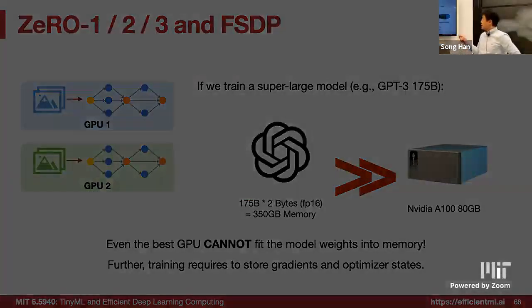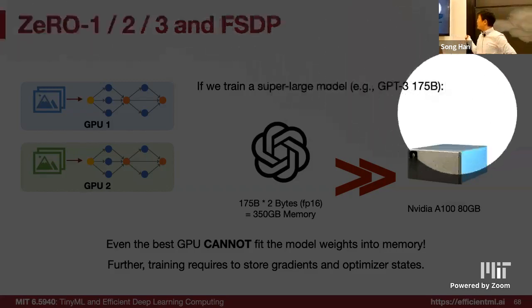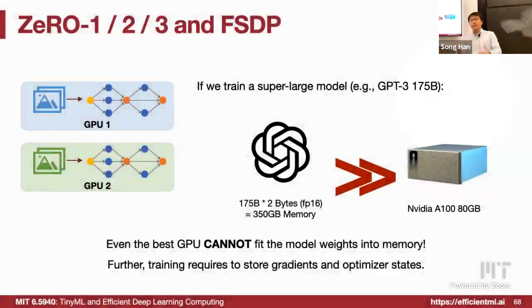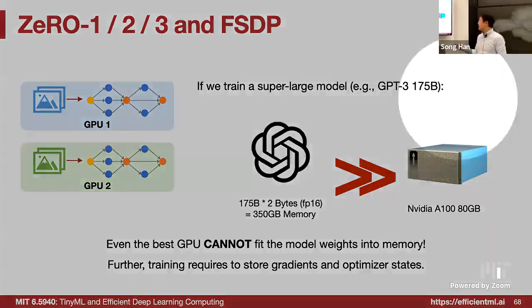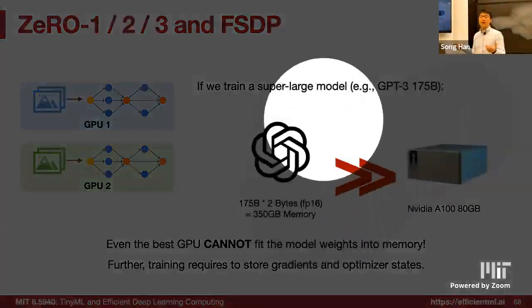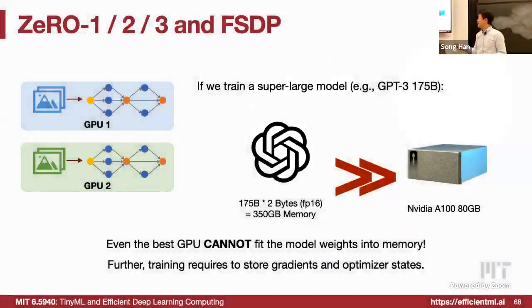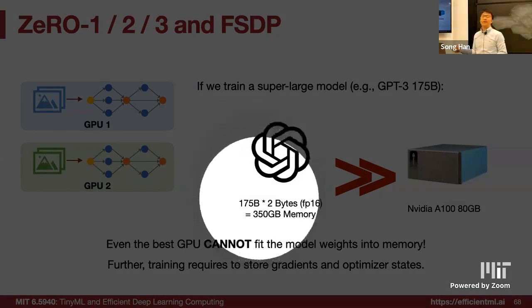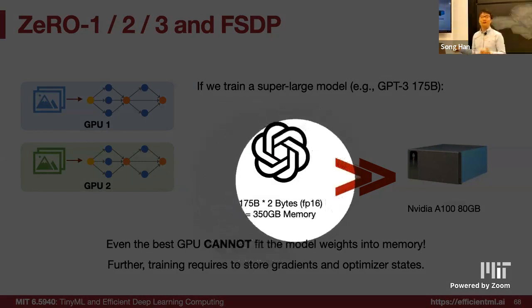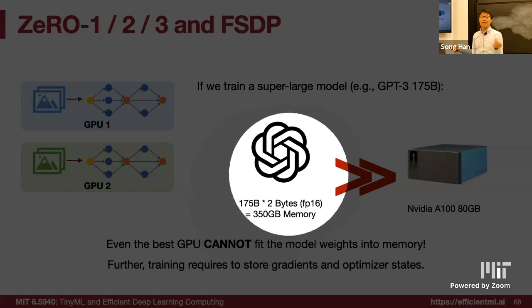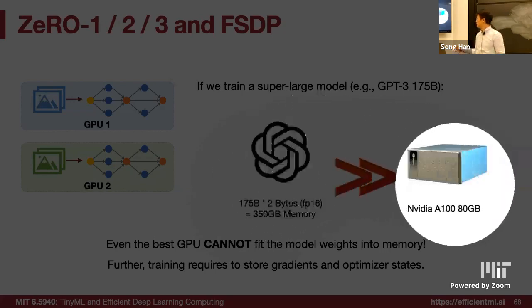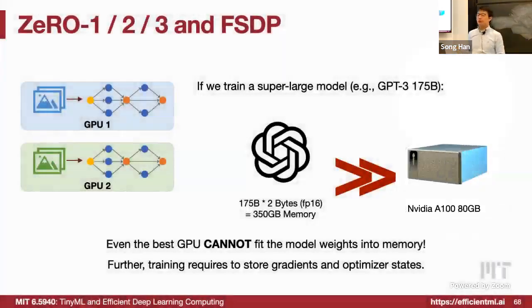Recently, large language models are pretty big. GPT-3 is 175 billion parameters. If we train it even in FP16, just to hold those weights, how much memory do we need? We need 350 gigabytes of memory just to hold the weights, not to mention the activations, the gradients, and the optimizer states. Well, an A100 or H100 GPU has 80 gigabytes of memory.